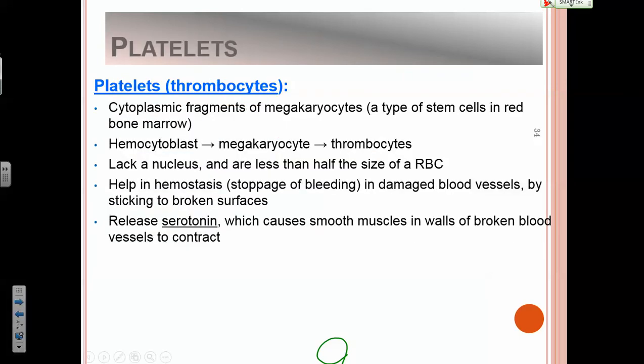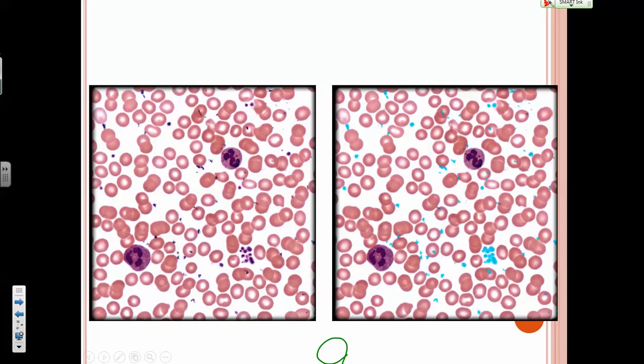All right, and then the last formed element would be the platelets, and they're called thrombocytes. And they're just little fragments of cells that develop in the bone marrow. So if we look at that bone marrow slide again, here you see little platelets. All these little dots that you see are platelets.